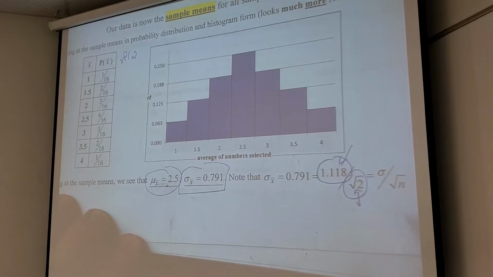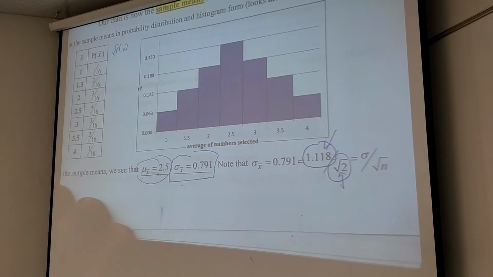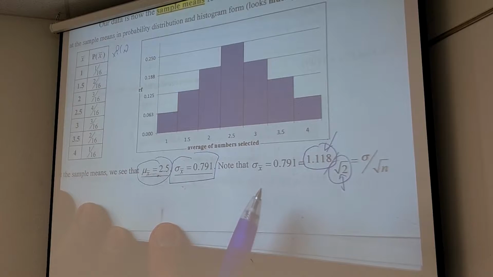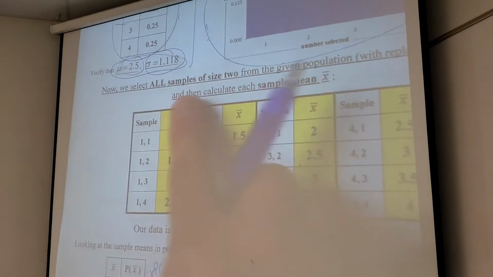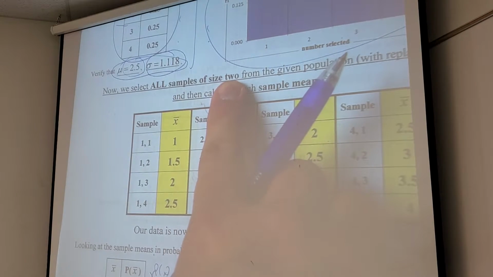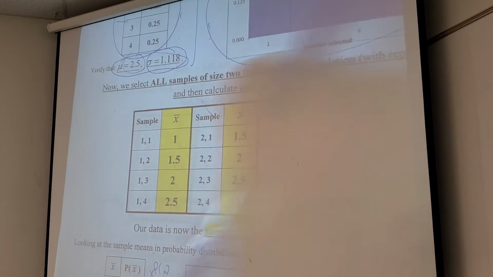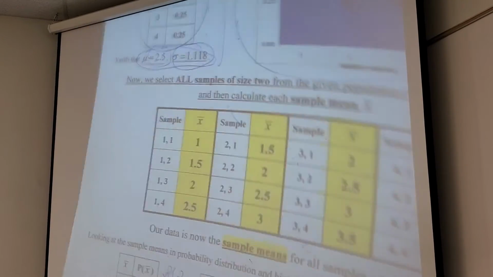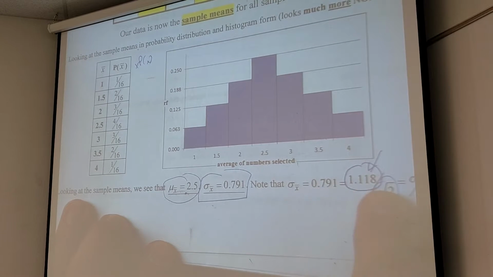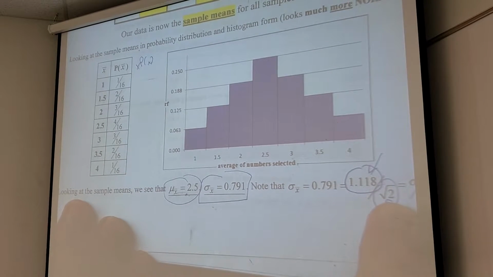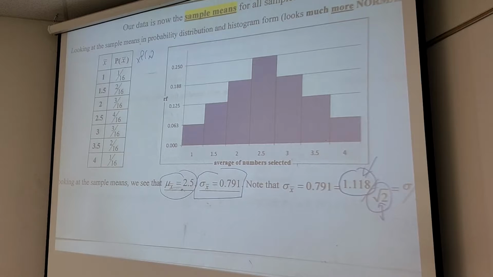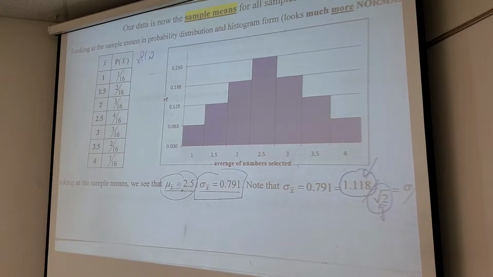Why is 2 there? Yeah, my sample size was 2. If I would have picked samples of size 3 and listed them all, there would have been a lot more of them, right? But this would have come out to be that divided by square root of 3. It would get even a little bit smaller and then a little bit smaller.